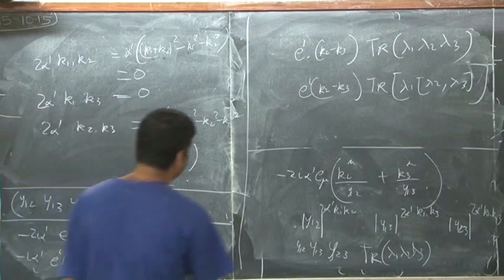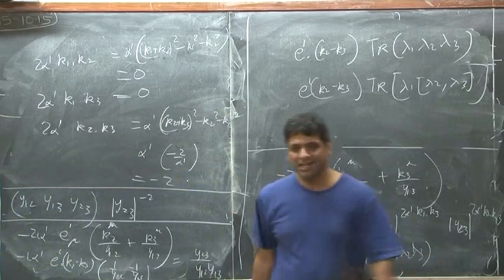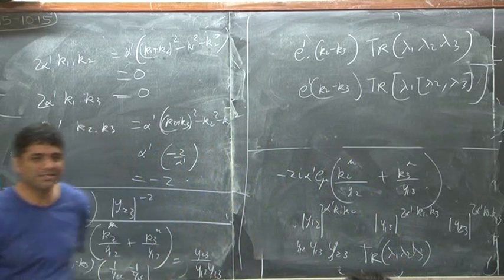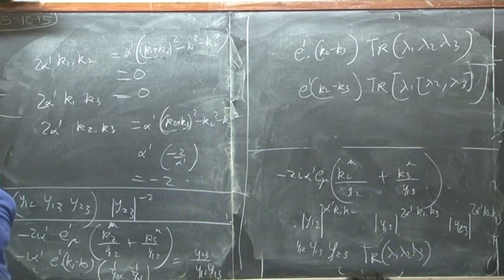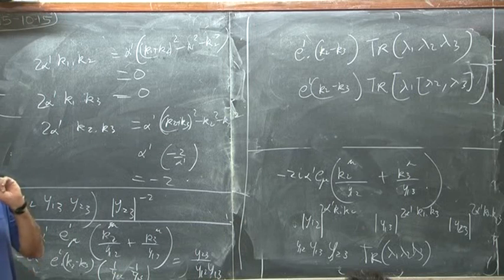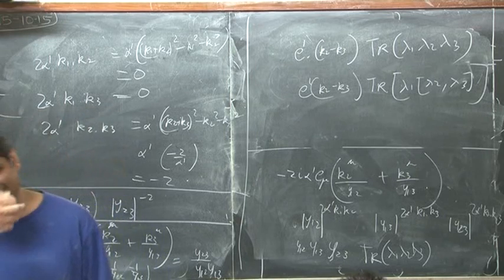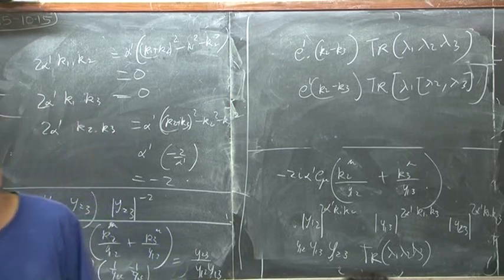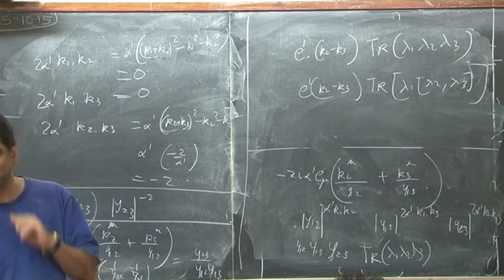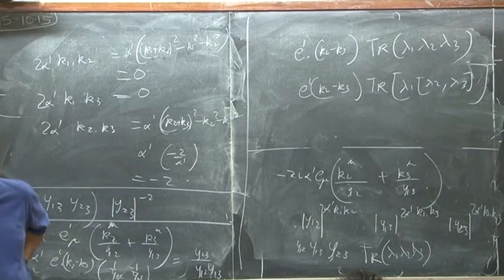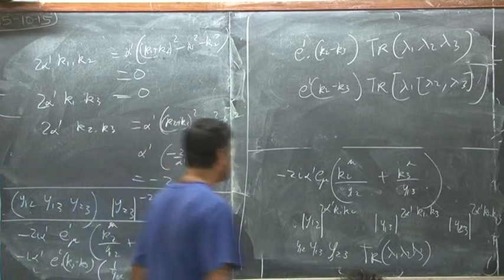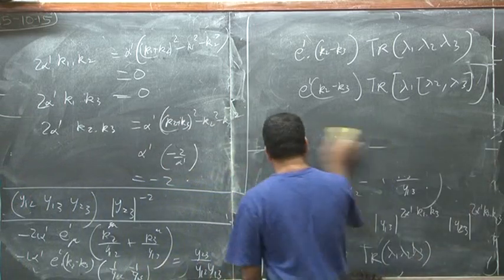Now, why is this an interesting answer? Can somebody tell me why this is an interesting answer? What effective field theory would give you this 3-point scattering? You write down an effective action that will give you this 3-point scattering.